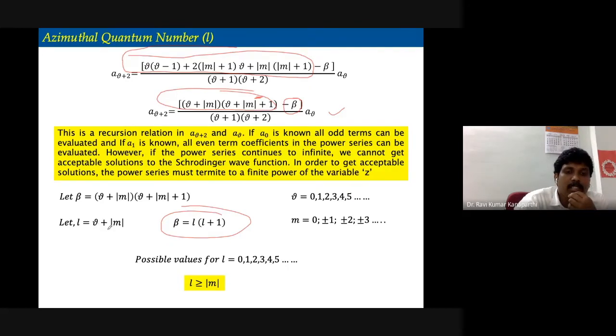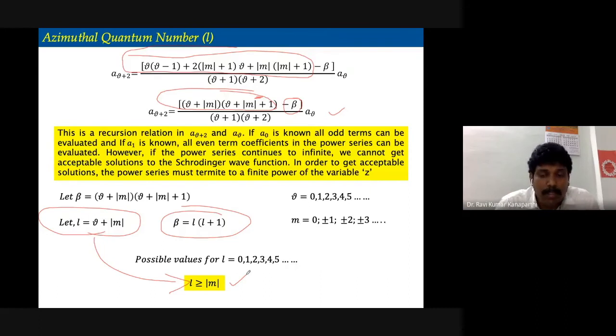If you recollect this relation, from this we can easily make out that L has to be greater than or equal to modulus of m, or modulus of m must always be less than or equal to L. That is the condition, and this is something that we have already learned in our previous class.